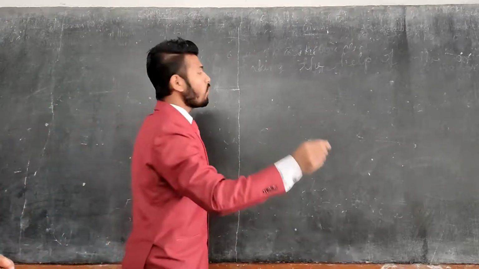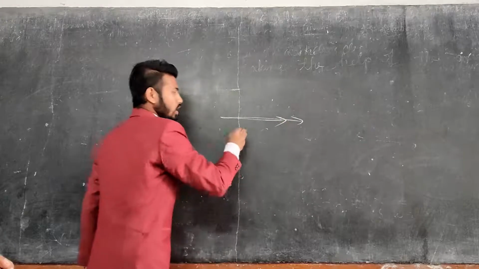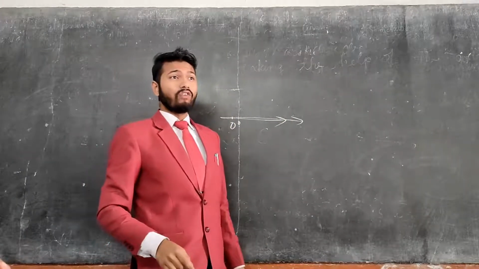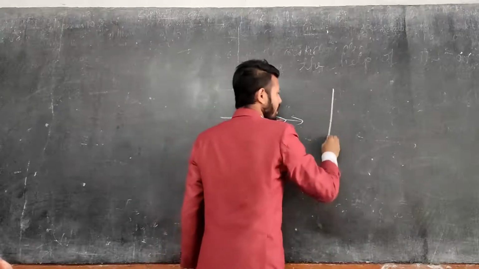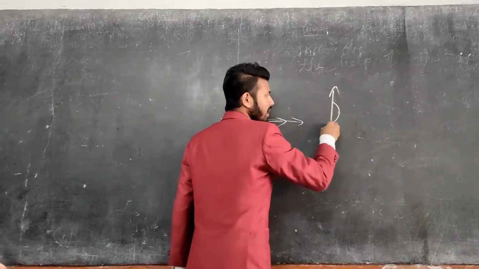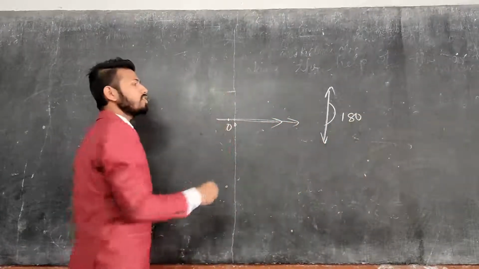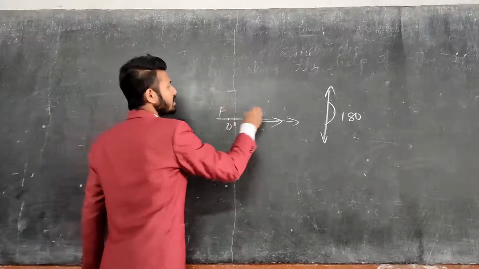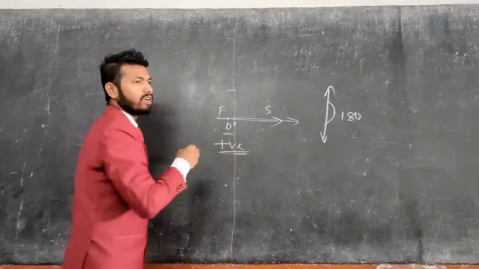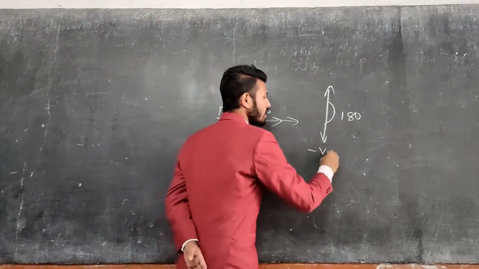In positive work done, suppose the force is applied here and the displacement is also here. So the angle between them is 0 degrees. But in negative work done, if the force is applied here but the motion is here, the angle between them is 180 degrees. So when the angle between the force and the displacement is 0 degrees, it is the case of positive work done. When the angle is 180 degrees, it is negative work done.